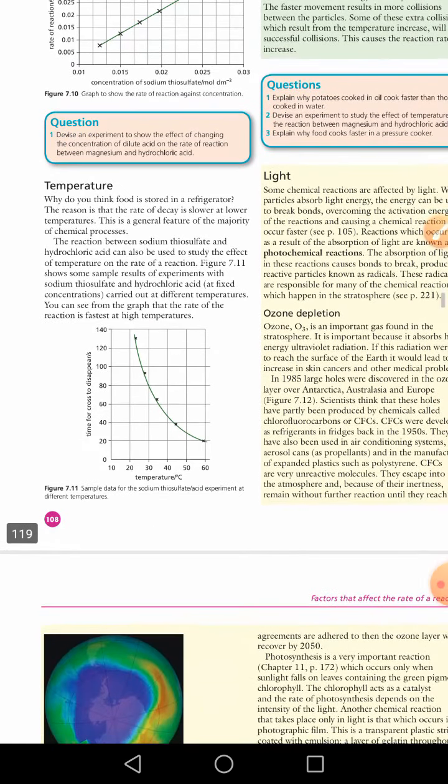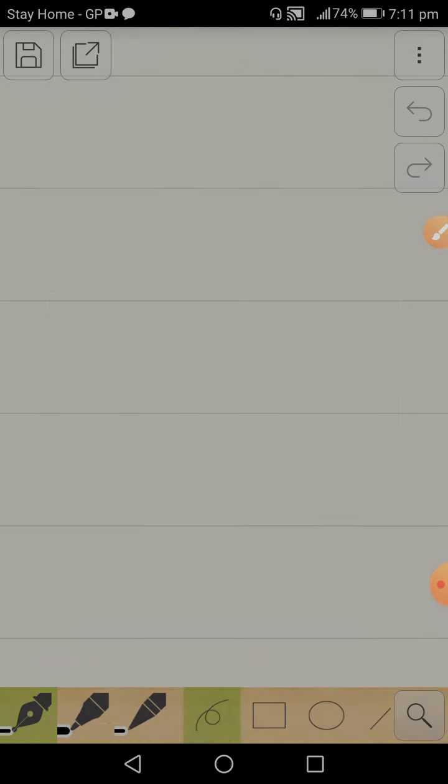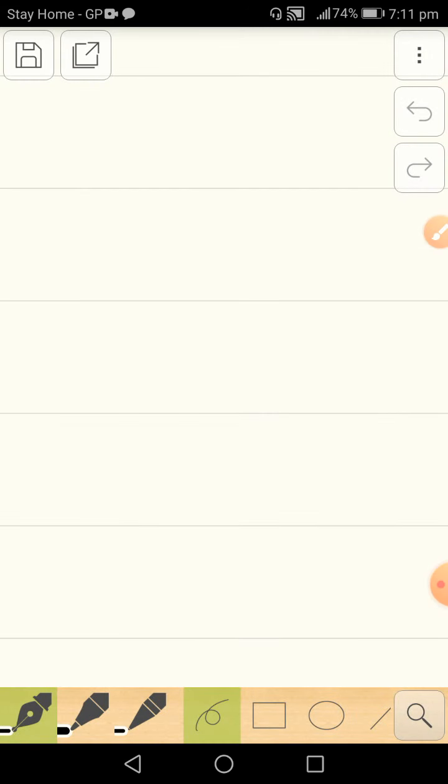Now let's go to temperature. Okay? Before going into temperature, we must note a very important fact, let's see what the temperature does.